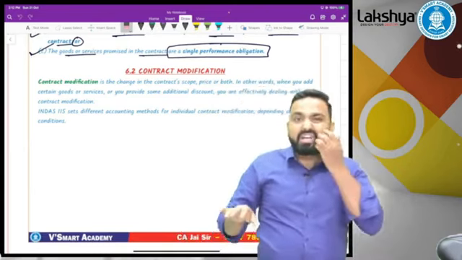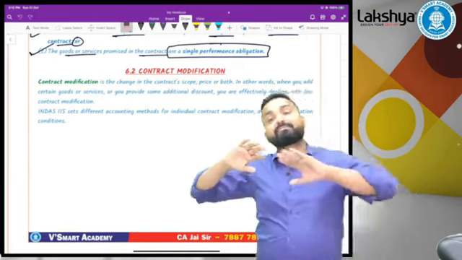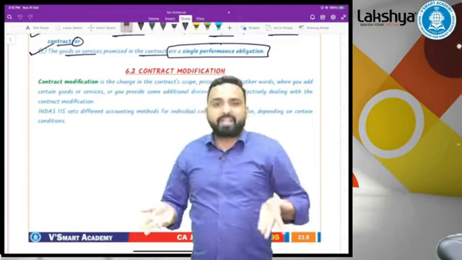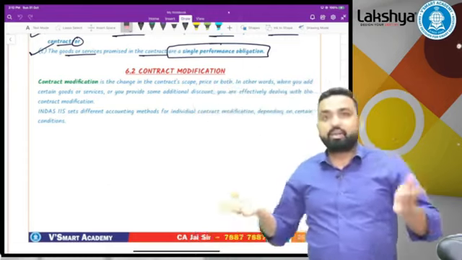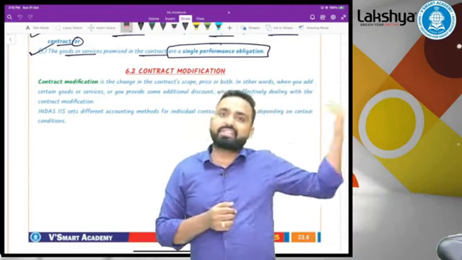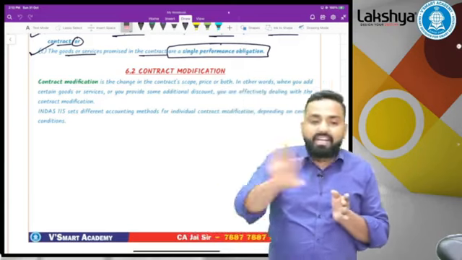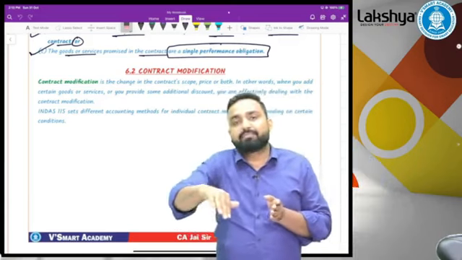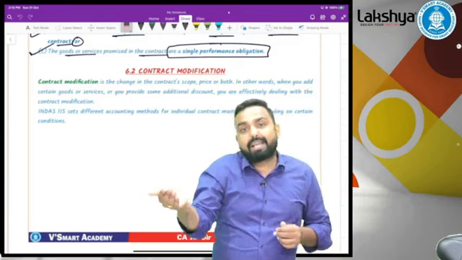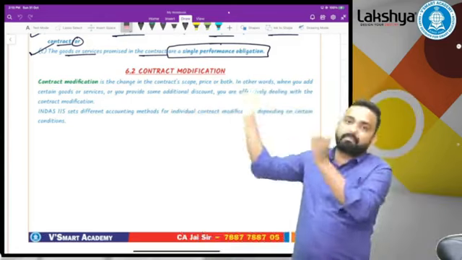Instead, he needs 25 laptops of some other configuration, of some other company, of some higher configuration, with other prices involved.